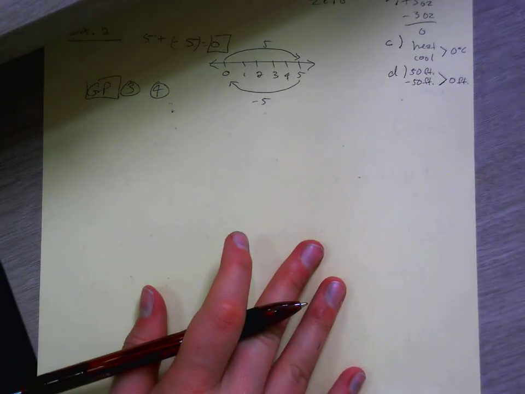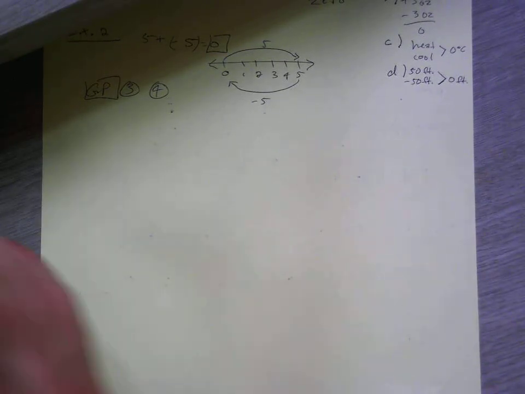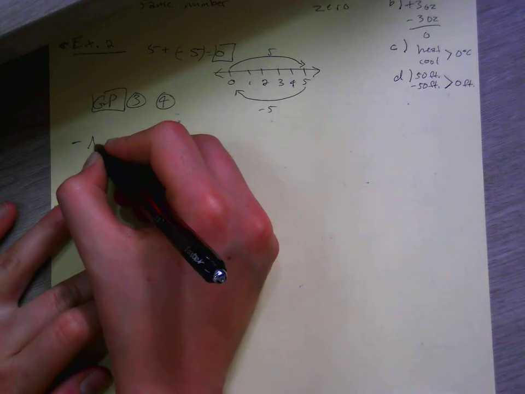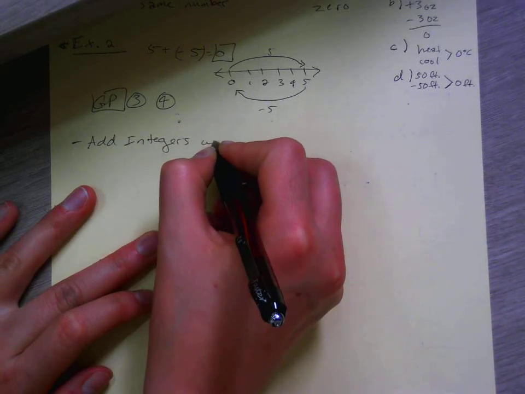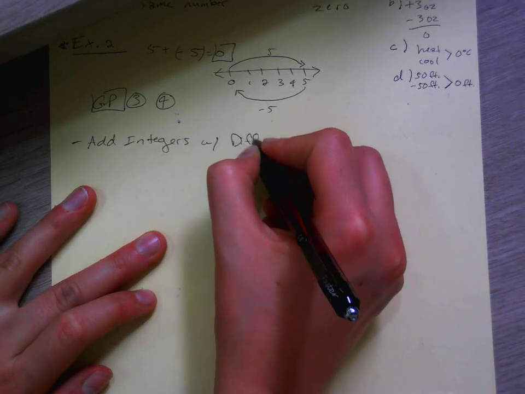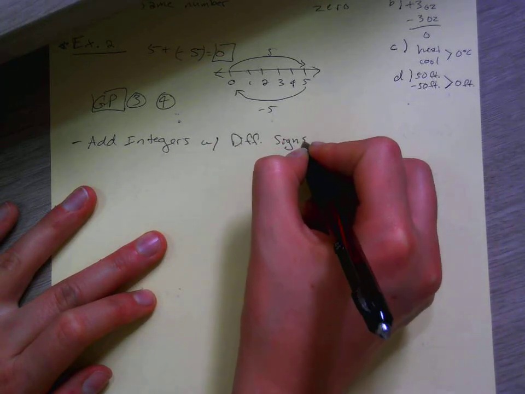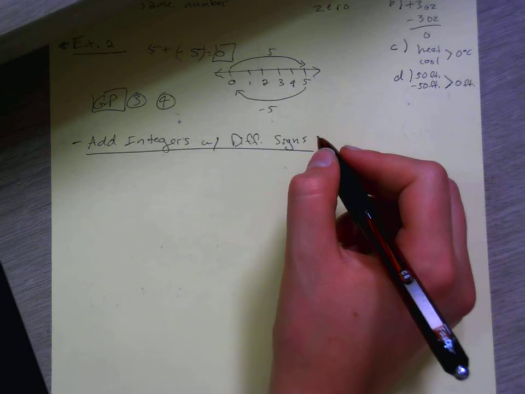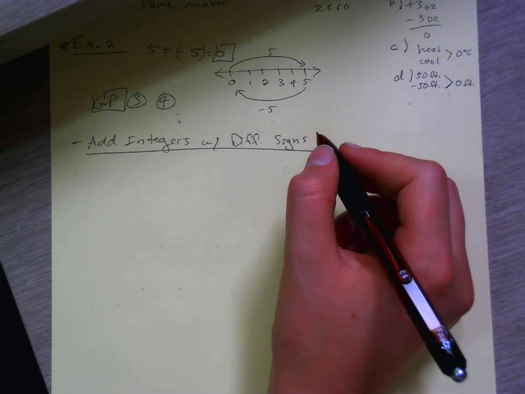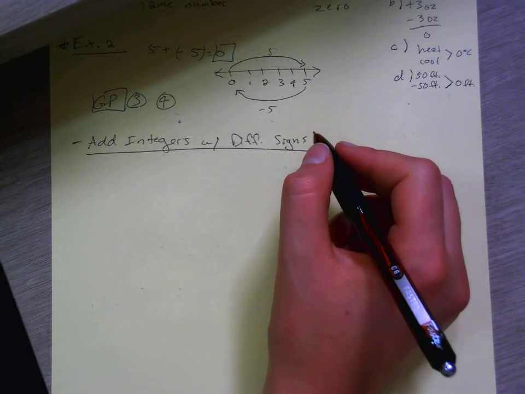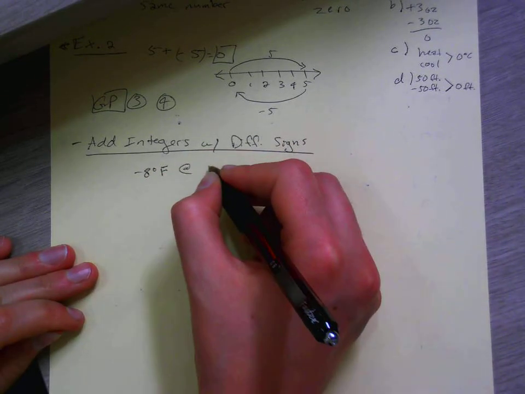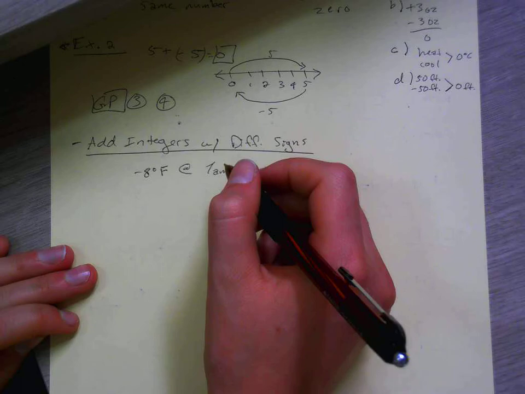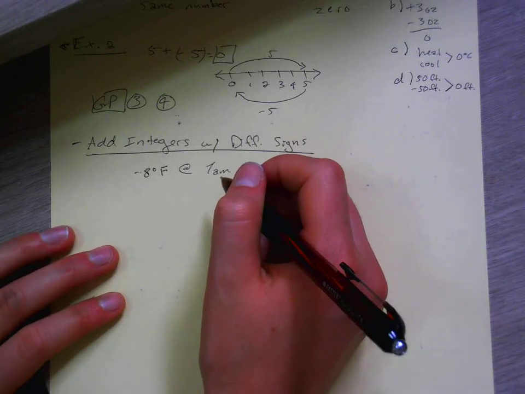Okay, moving on to add integers with different signs. To add integers with different signs, let's try 2 methods. So suppose the temperature was negative 8 degrees Fahrenheit at 7 a.m. in the morning. 5 hours later, the temperature had risen to 10 degrees Fahrenheit.